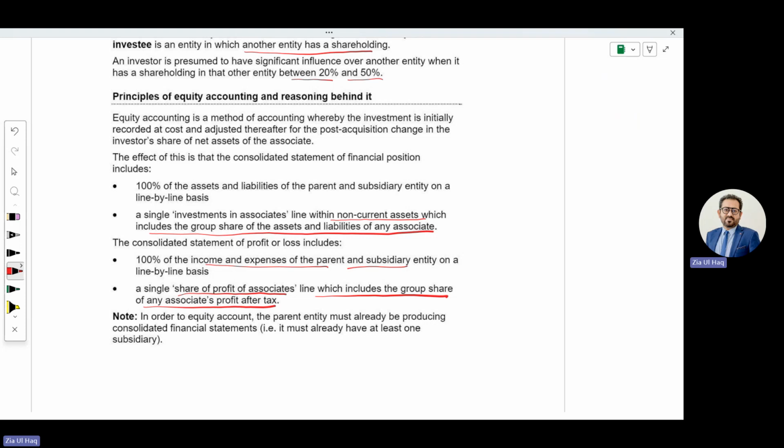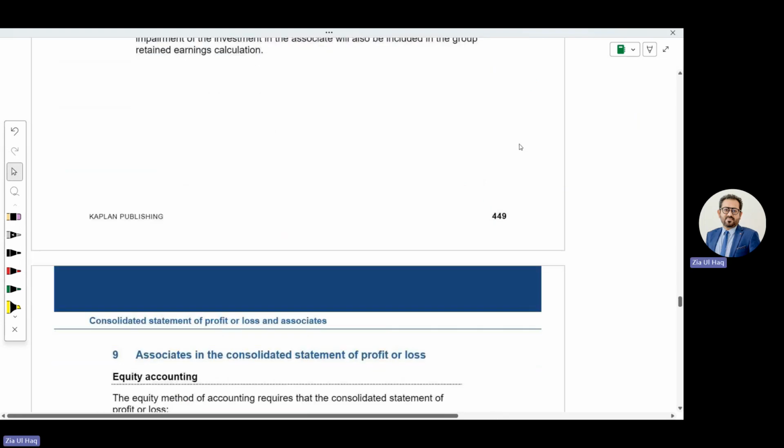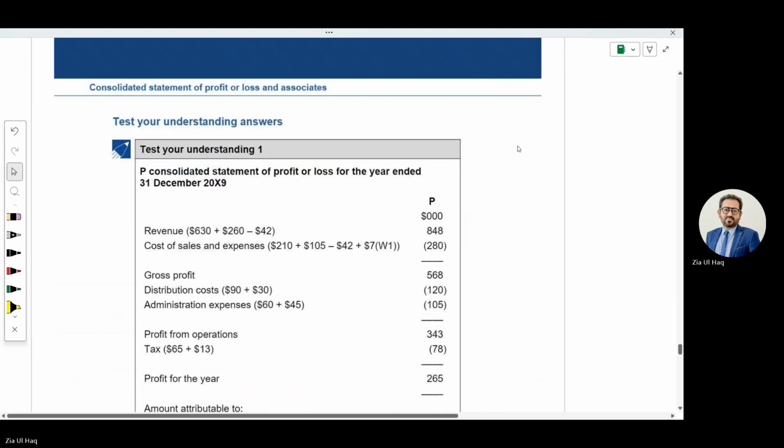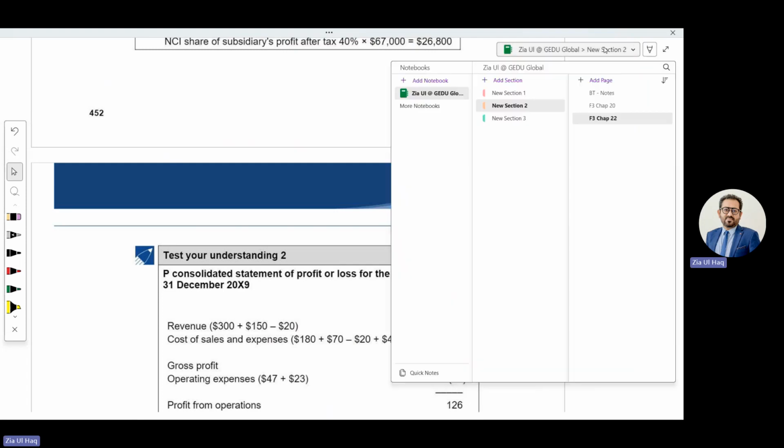That means for a subsidiary there will be line by line consolidation, but for an associate there is only one line in the statement of financial position, and only one line in the statement of profit and loss. And this chapter is completed. Let's move towards the next chapter.